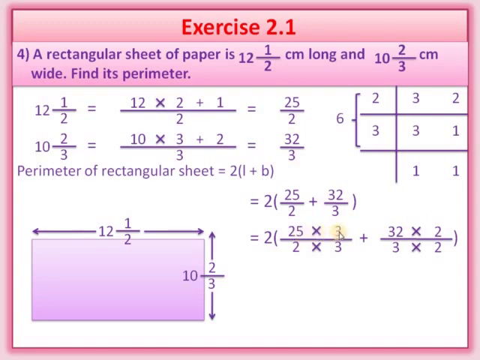So 32 multiplied by 2 upon 3 multiplied by 2. So what is the answer? 25 times 3 is 75 upon 6 plus 64 upon 6, 32 multiplied by 2 is equal to 64. Okay, here both denominators are the same.